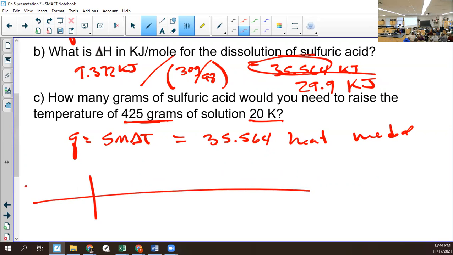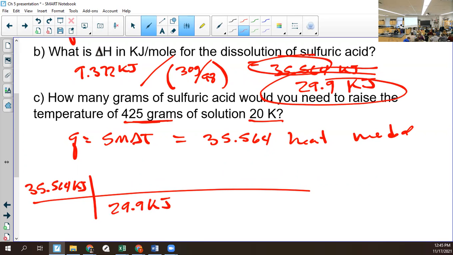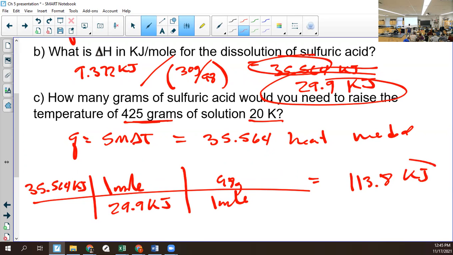We know we need that much heat, 35.564 kilojoules. We solved 29.9 here per 1 mole. 1 mole, 98 grams. And then we plug that in and we end up with 113.8 kilojoules. Okay, hopefully we're good there.